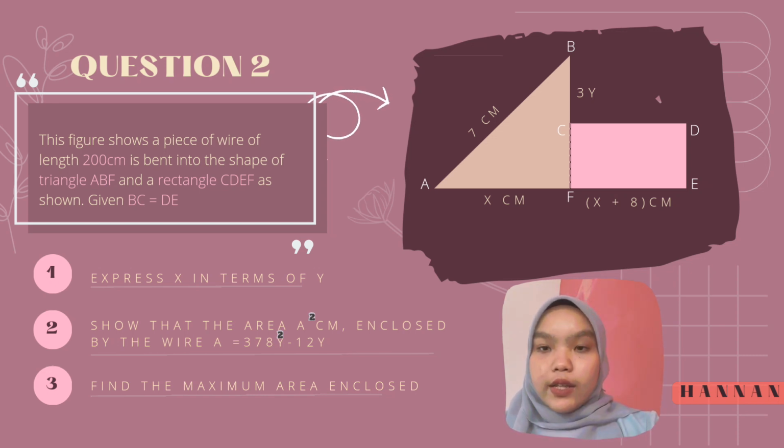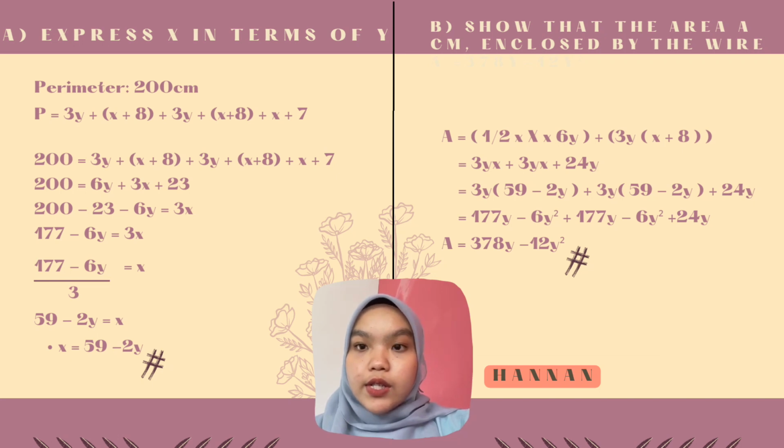And then in this question, there are three questions below, which is express x in terms of y, and then show that the area enclosed by the wire is 378y minus 12y power of 2. And then for the third one, find the maximum area enclosed. So we will begin with question A, express x in terms of y.